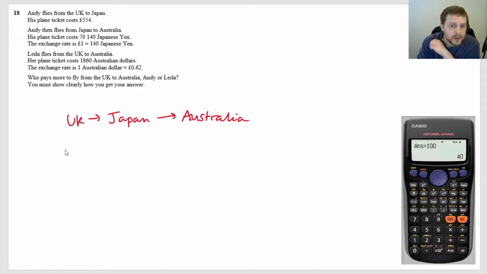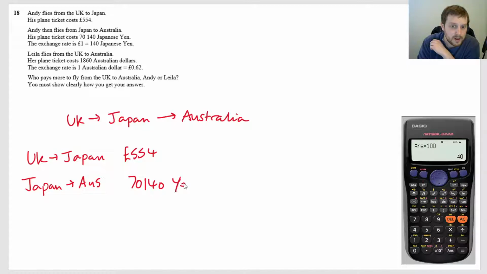So UK to Japan was just straightforward £554. Japan to Australia, we're told, is 70,140 yen. And we're told that £1 is 140 yen.